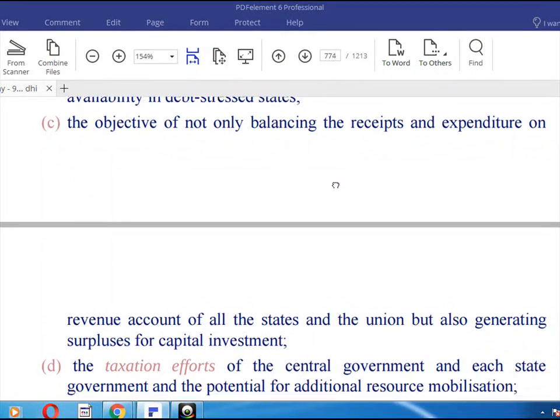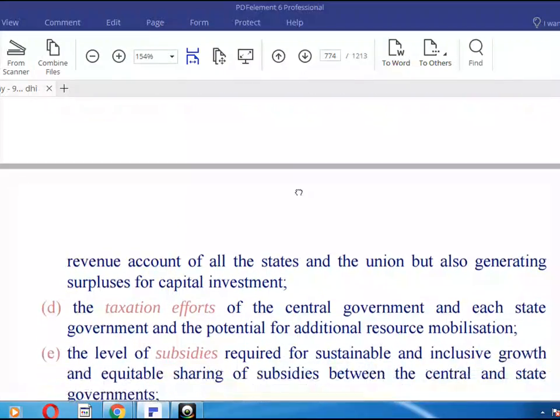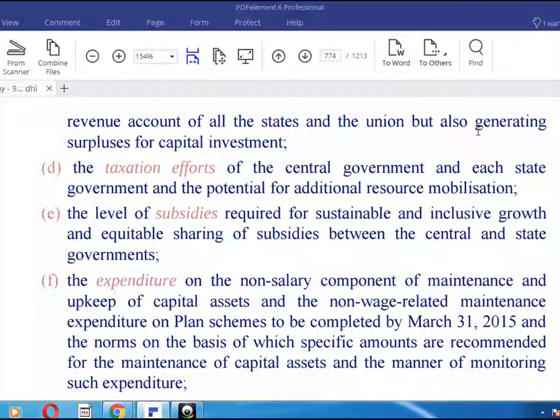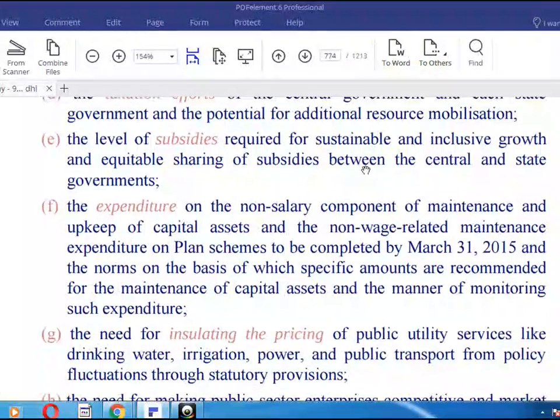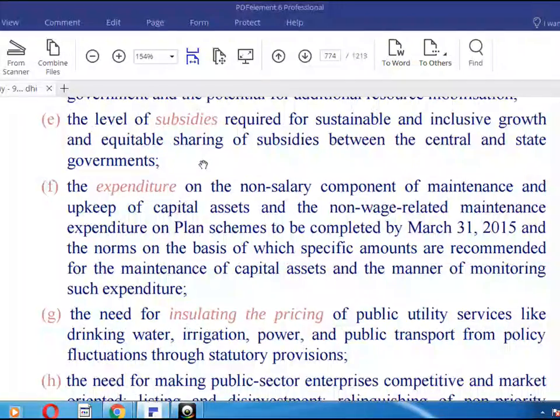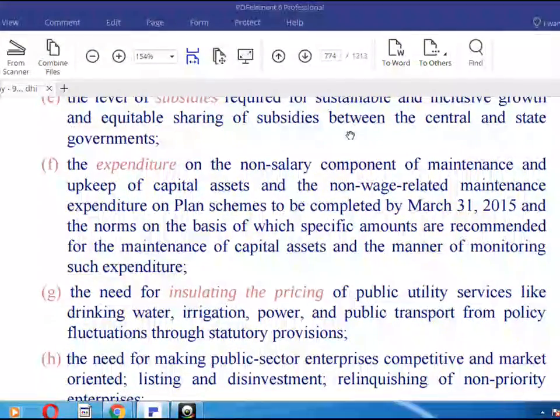The objective is not only balancing the receipts and expenditure on revenue account of all the states and the Union, but also generating surpluses for capital investment. The taxation efforts of the central government and each state government and the potential for additional resource mobilization, the level of subsidies required for sustainable and inclusive growth, and equitable sharing of subsidies between the central and the state governments.